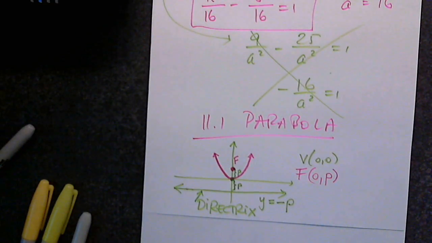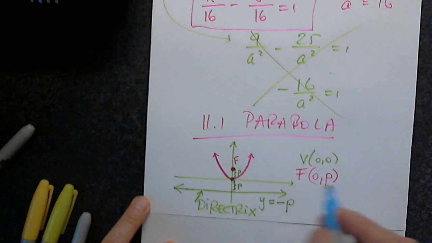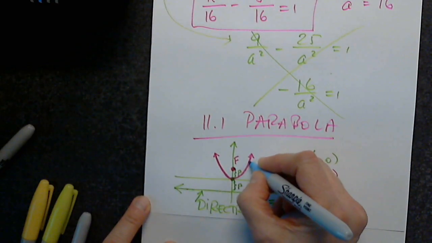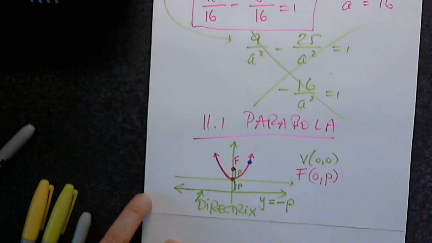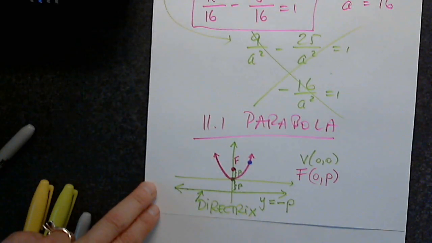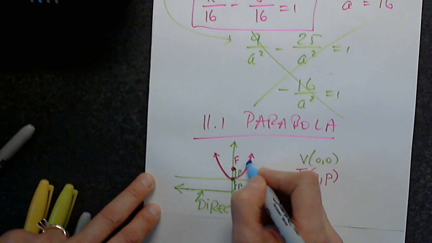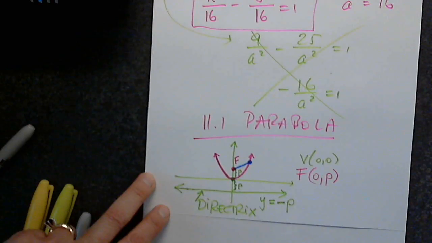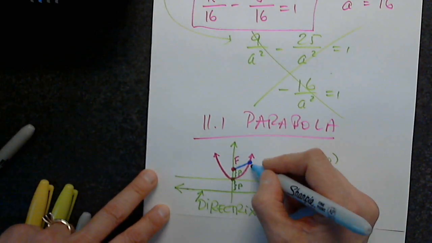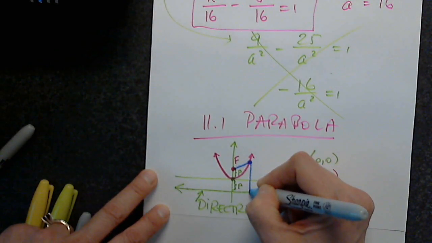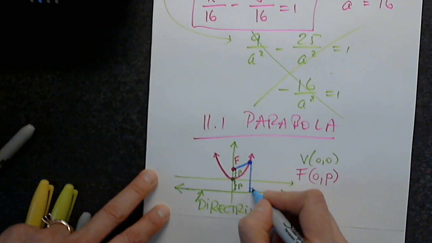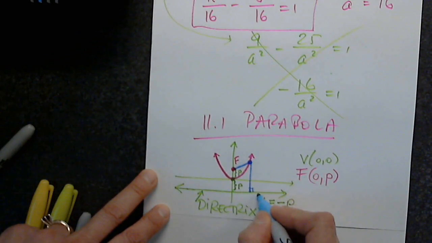And here is the interesting thing. Again, this is new. We have not discussed this before. Any point on the parabola, let's say this point, will be found at an equal distance between itself and the focus, and this. My graph is not perfect, I apologize. So this is a distance, it's perpendicular.